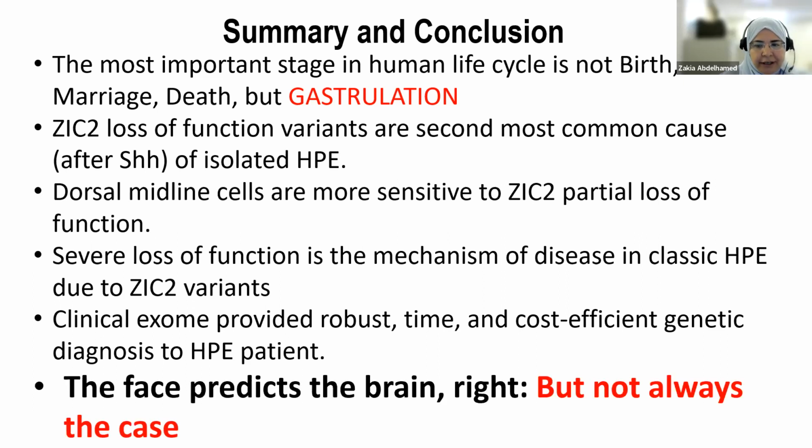And now I can say that the face predicts the brain, right, but not always the case. There are some genes where you see brain malformation but not face anomalies.